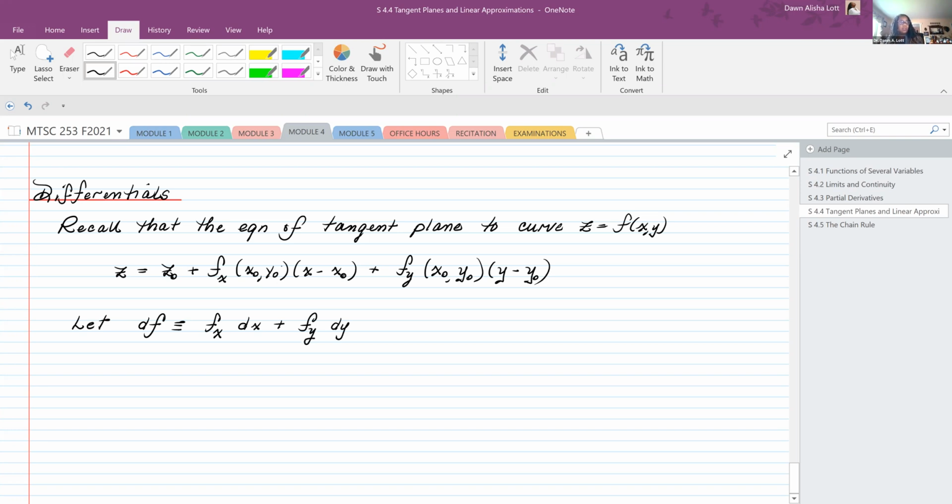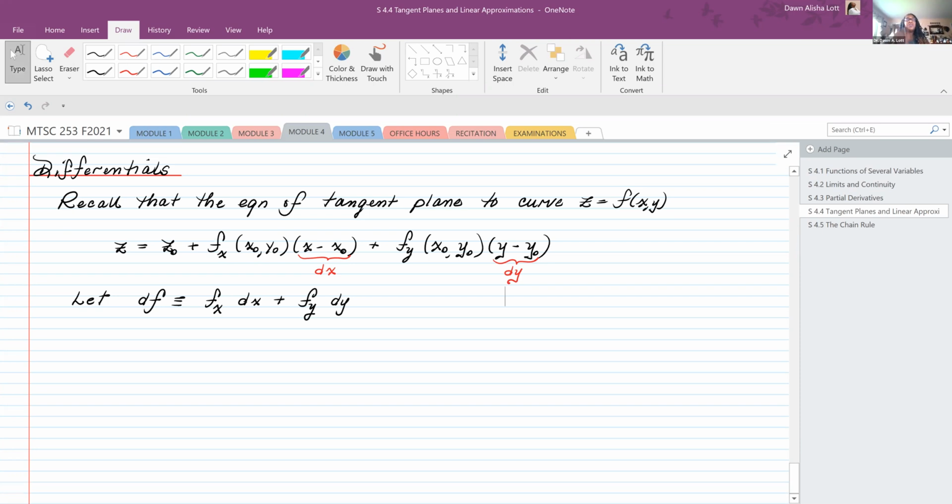So this is the differential. Notice this little piece right here, I'm calling dx, and this little piece right here, I'm calling dy. And that's how z differs from z naught. Okay, so that's the differential. So nice and easy.